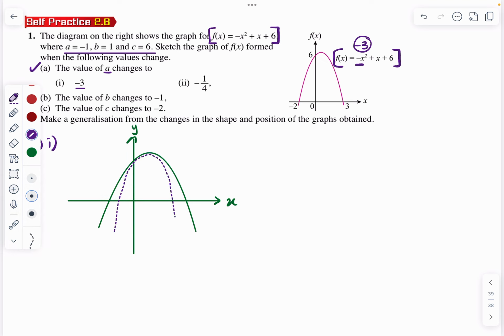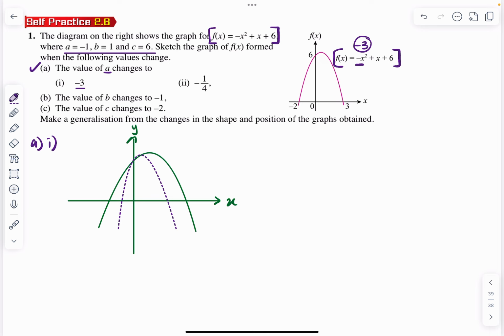So our new graph is thinner. Okay, something like this. But they both intersect the y-axis at the same place. Okay, so this is our answer.